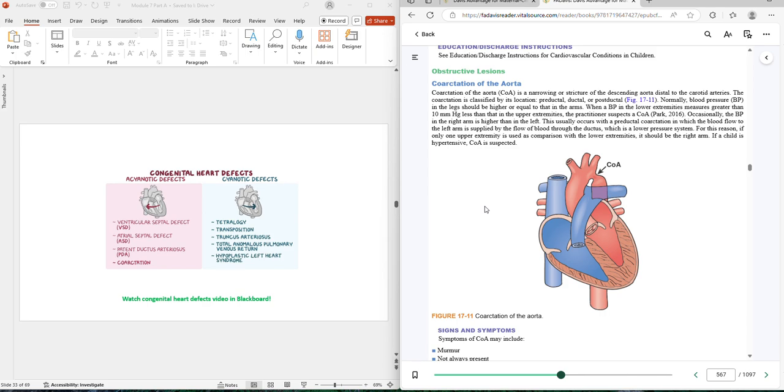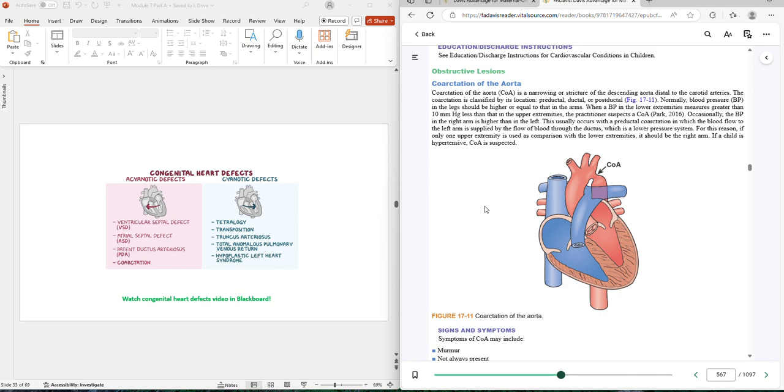Preductal, ductal, and postductal is how it's classified. Normally the blood pressure in the lower extremities is higher. Or is lower, okay? So if the blood pressure in the lower extremities is lower than the upper extremities, there may be a heart defect.